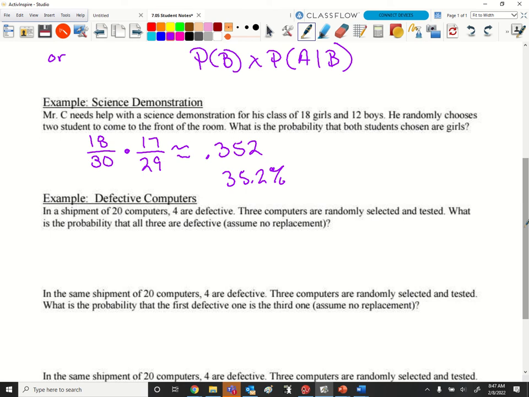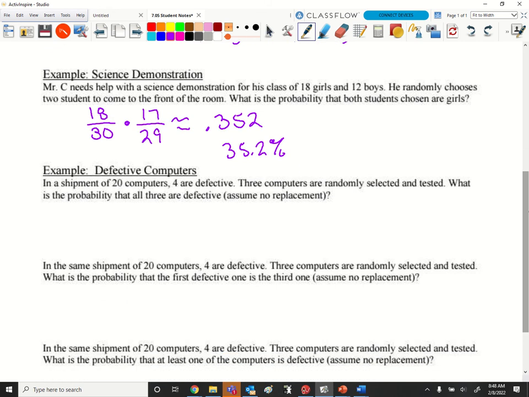Okay, am I putting Fred back? No. So this one's going to be dependent, right? That's dependent because whichever one I test, I'm not going to put it back into the pool because I don't want to test that same computer again, right? So you have to think through the problems as we do this.